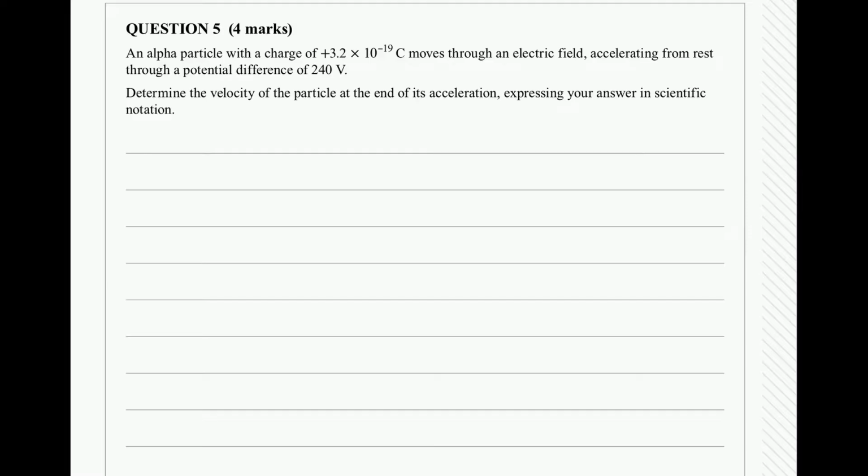But the thing that we want to think about now is how are we going to determine the velocity of the particle, given we only know the charge and the voltage it's traveling through. An important thing to recall is that a charged particle moving through an electric field completes work, or we can think of it as potential energy.